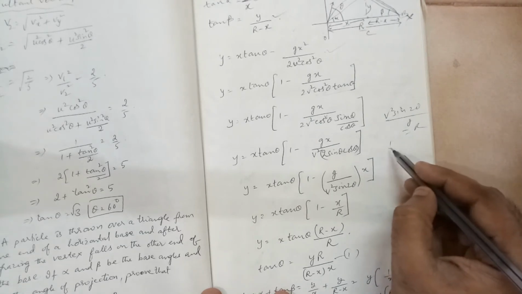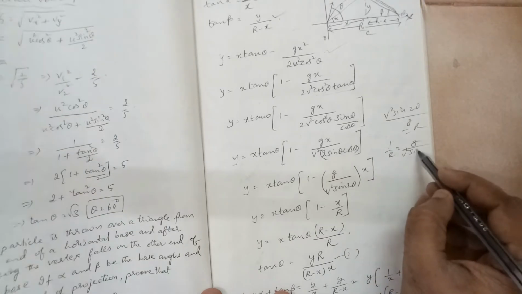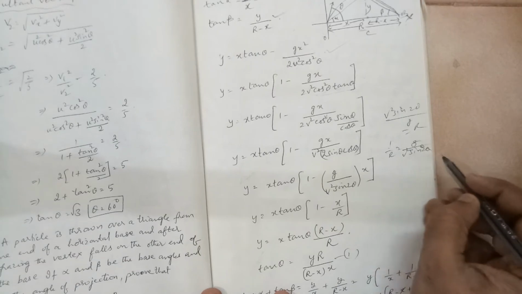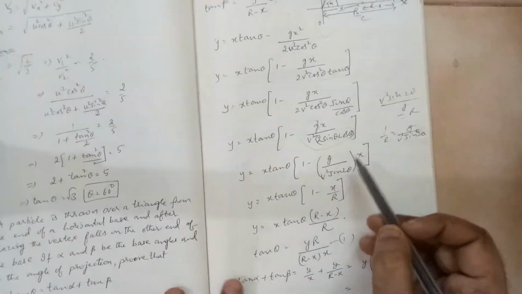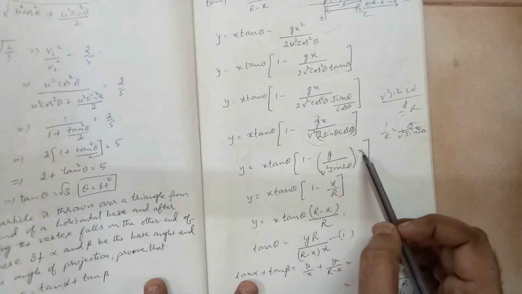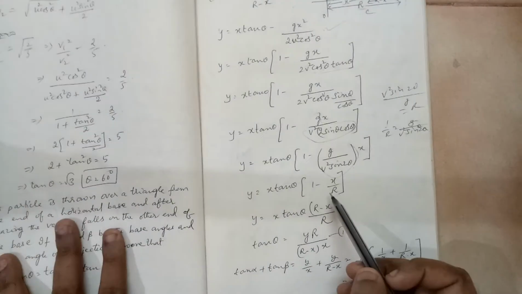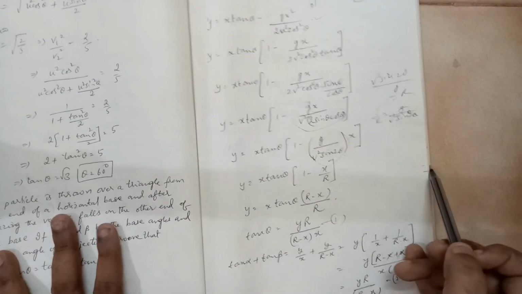What is 1 by R? It will be g divided by u square sin 2 theta. That is what is there in this term. So this term becomes x into 1 by R. So y is equal to x tan theta times 1 minus x by R.